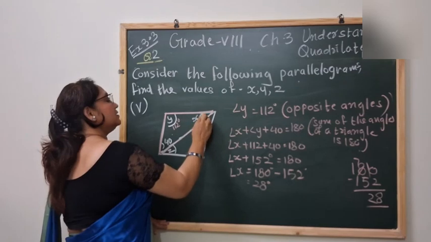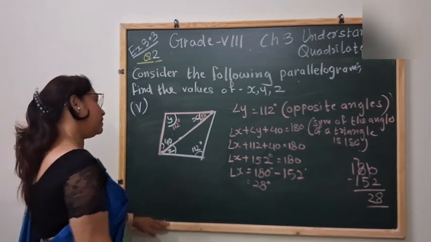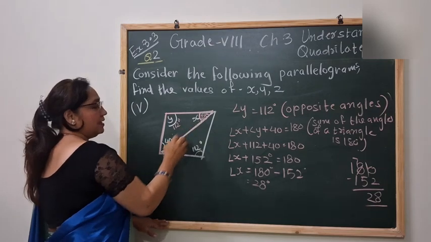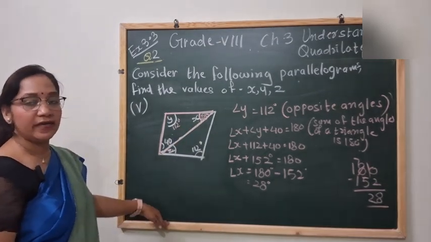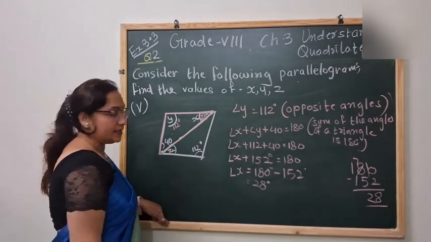x is 28 degrees. Now can you tell me this angle and this angle? They are alternate angles and alternate angles are always equal. So can I say the angle z is equal to 28 degrees?